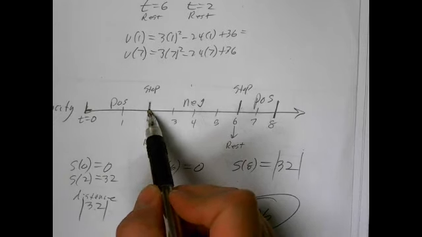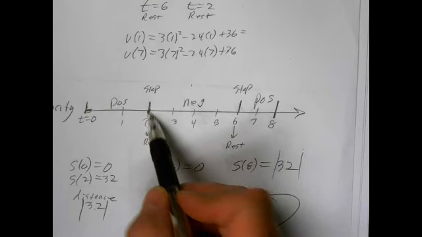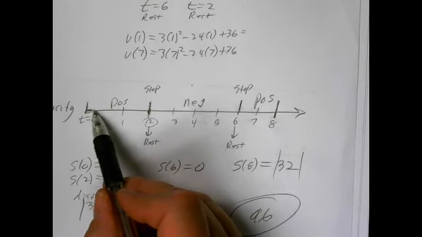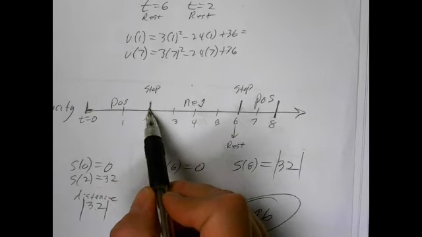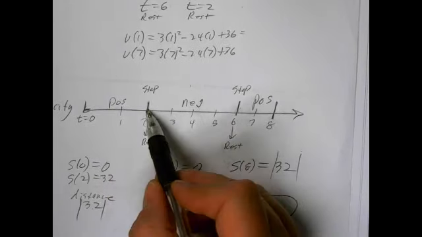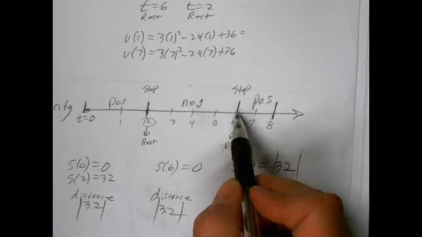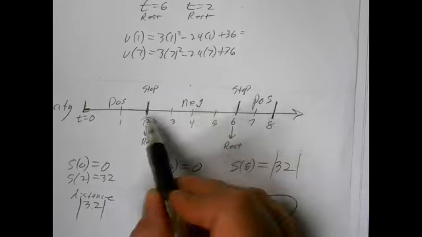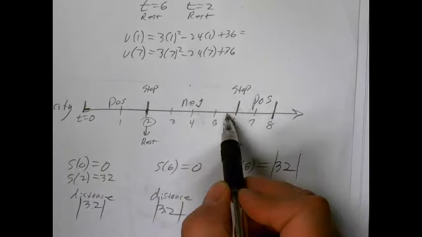And by the time it hit position 32 at 2 seconds, it had stopped. So in here, at some points in time, it was speeding up, and at some points in time, it was slowing down. Same thing here. It started going backwards in a negative direction, but it came to a stop. So at some places in here, it was speeding up, and some places in here, it was slowing down.